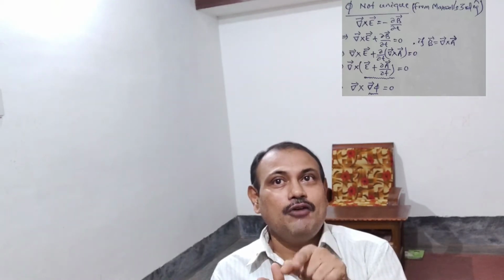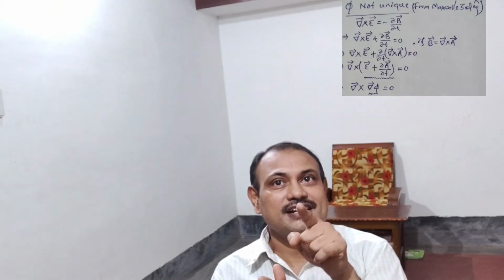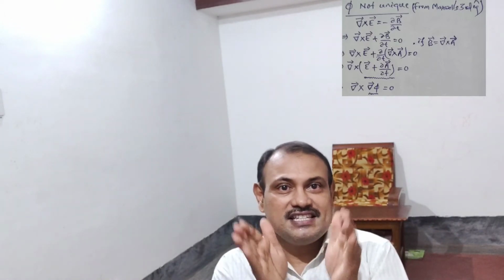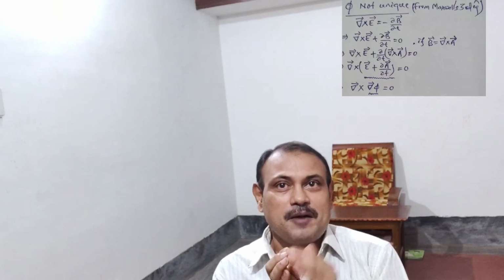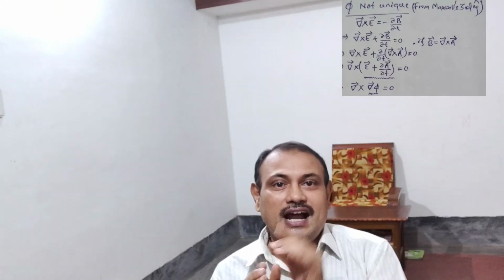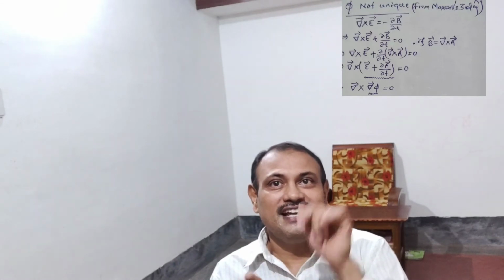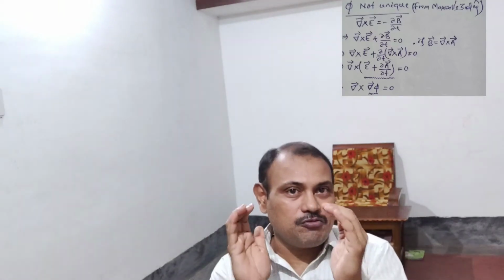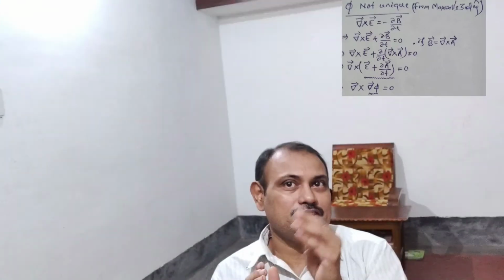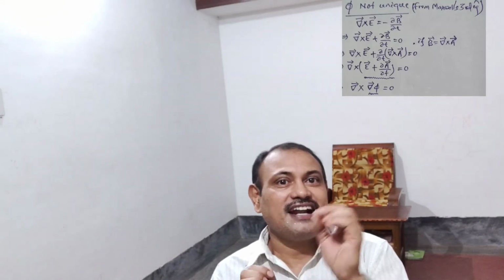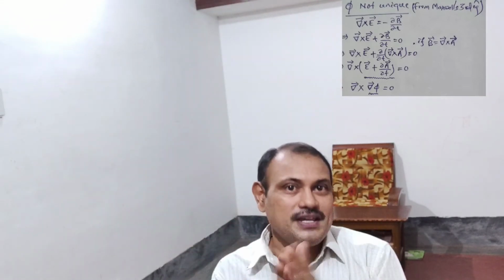So now you can write curl of E plus del by del T of curl of A equal to 0, and this curl being a space part, you can take it outside as common and write curl of, within bracket, E vector plus del A by del T equal to 0. Within this bracket, E vector plus del A by del T, you can write grad phi because it has to be a vector quantity.